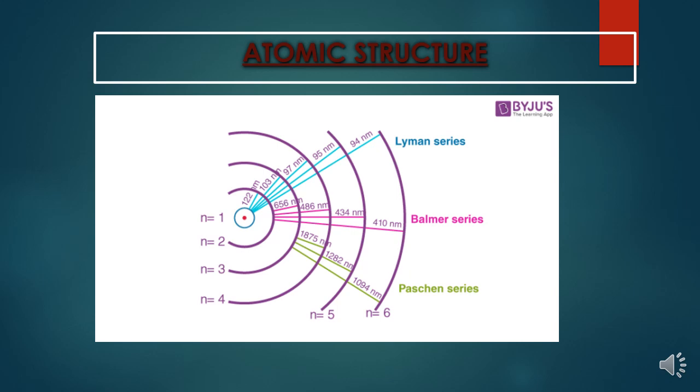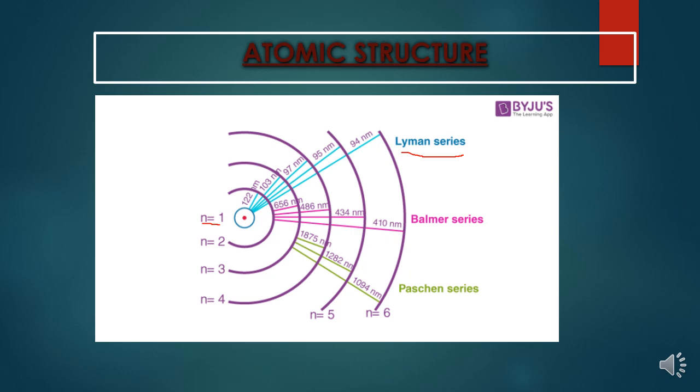So we are supposed to know that as electrons move, they fall to a particular energy level. If an electron moves from any higher energy level and lands on the first energy level, which is n is equal to 1, this particular series is known as the Lyman series.